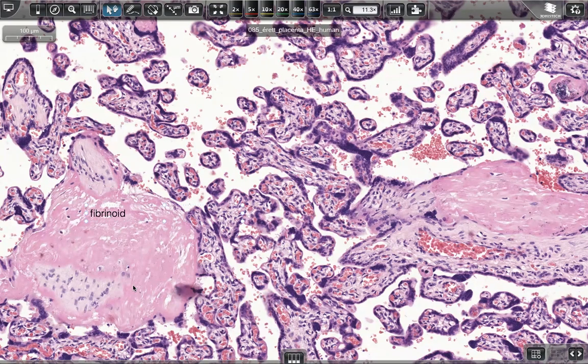The fibrinoids are just present because of the aging of the placenta. So eventually at the end of the third trimester, at the end of the pregnancy, the placenta starts to degenerate, representing this fibrinoid, which eventually blocks the gas exchange through the wall, because it's a kind of degeneration of the villi.